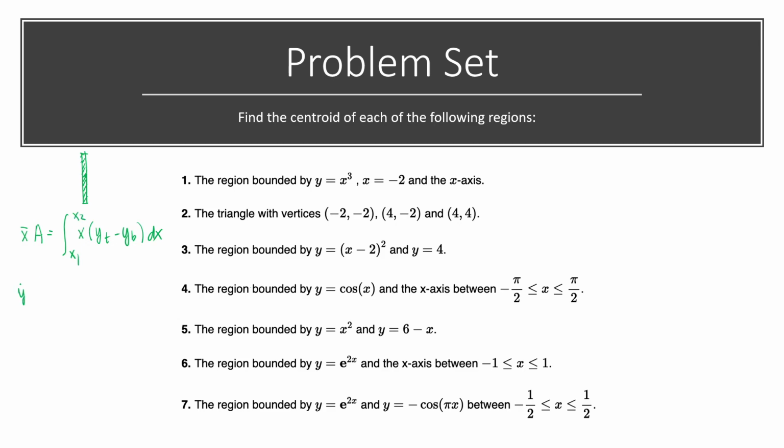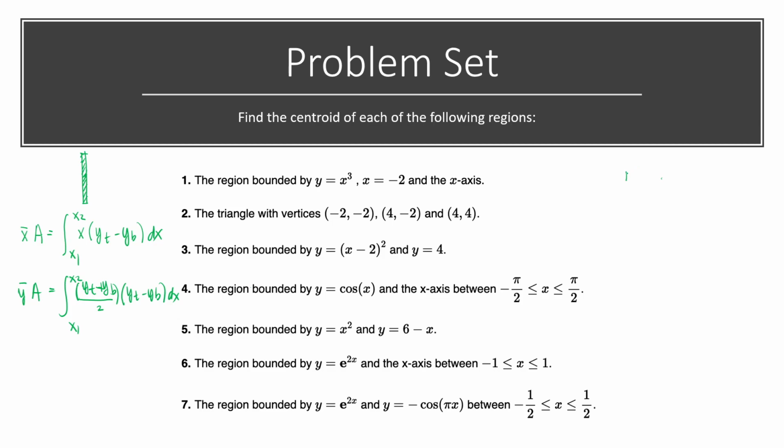And then bar y is the complicated version, which is y top plus y bottom over 2, and then y top minus y bottom dx, x1 to x2. That's for the vertical strip.